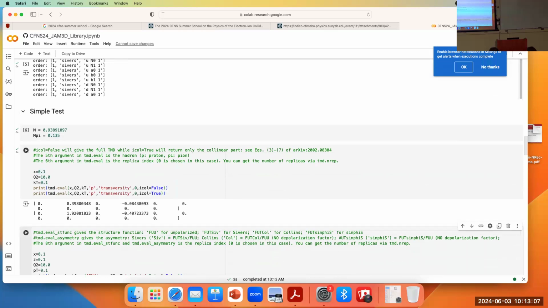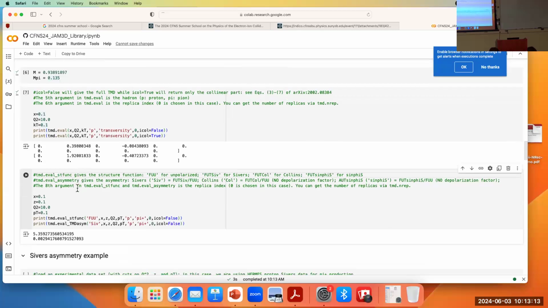We will not be talking a lot about this function, but if you like, we can talk in 2 hours here. What this cell is doing is evaluating the structure functions, because once you measure things experimentally, you measure cross sections. We haven't yet spoken about the structure functions. I'll do it at the very beginning of our next lecture.